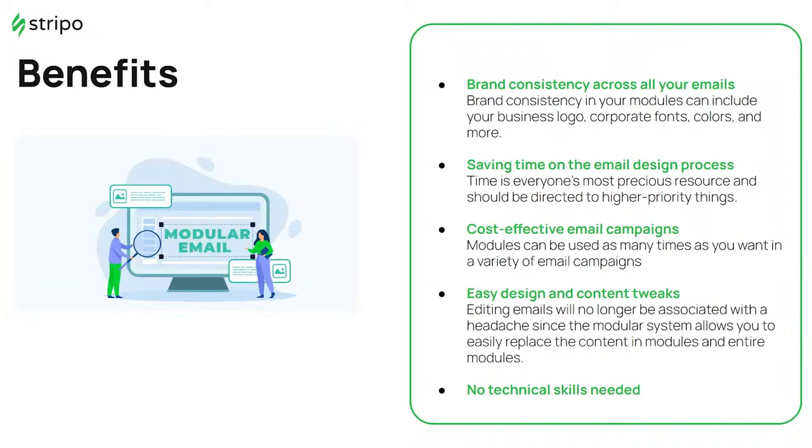Time is everyone's most precious resource and should be directed to high priority things. Next one, cost-effective email campaigns. Modules can be used as many times as you want in a variety of email campaigns. Next one is easy design and content tweaks. And last one, no technical skills needed.